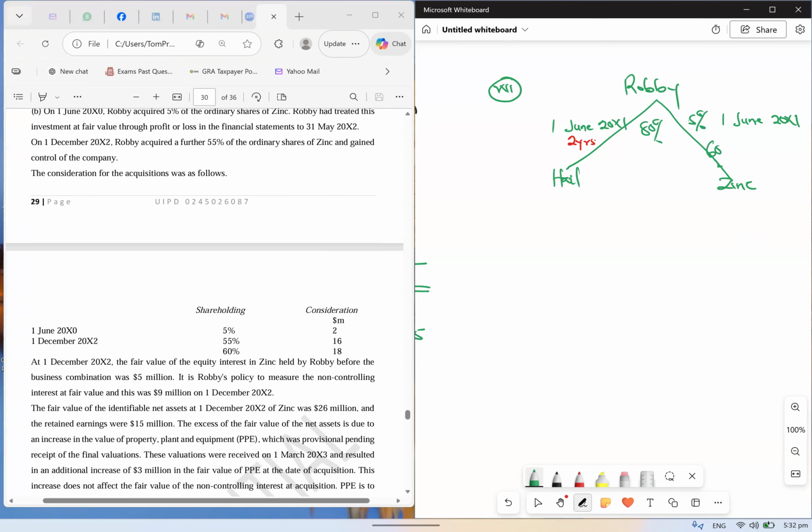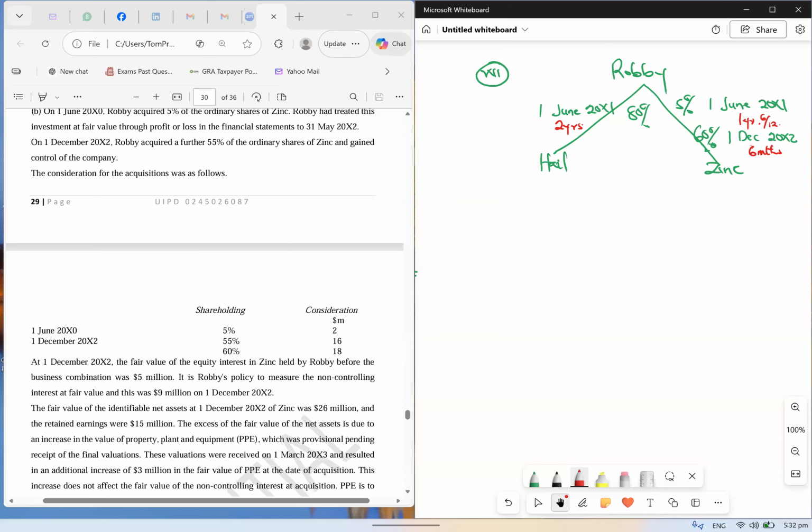So he will have 60% by 1st December 20x2. So from here to here is 1.5 years, so 1 year 6 months. Then from December to the reporting date, May 20x3, is 6 months. So take note of that.